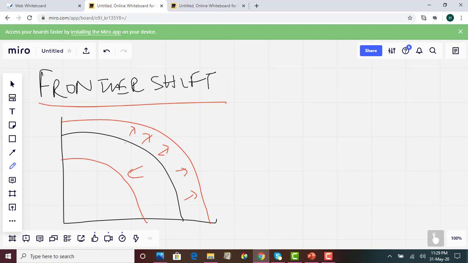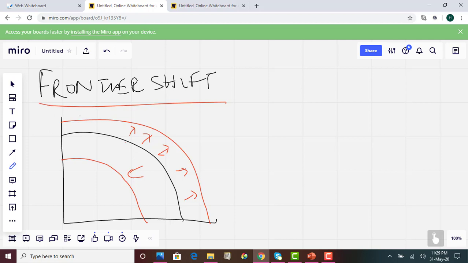Now what are some of the factors that can cause the curve to shift to the right? One of the main reasons is economic growth. When the economy is growing, the curve will shift to the right. When the amount of resources we have increases, then the curve will shift to the right.